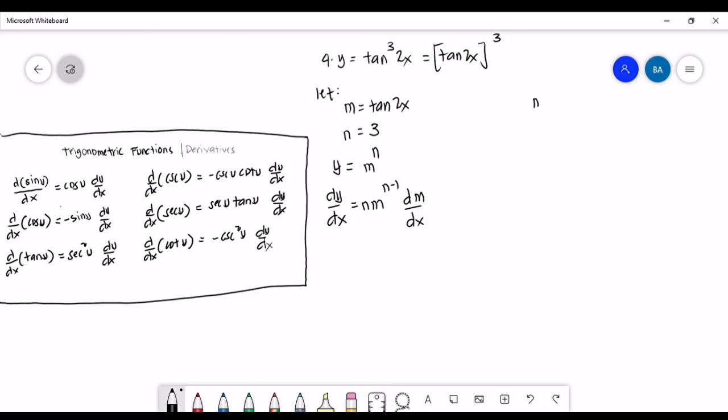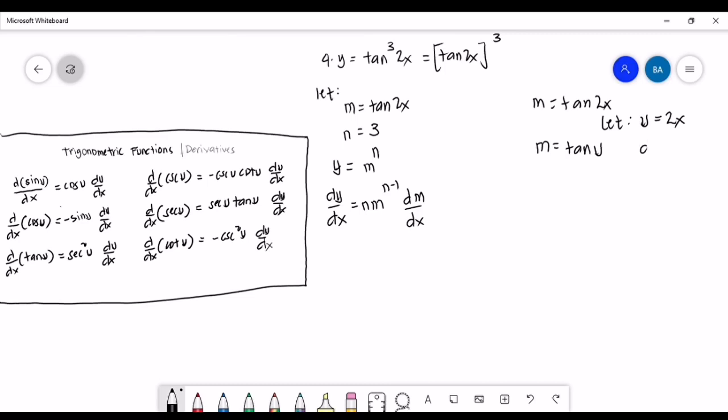So our m is equal to tangent 2x. So let's try to substitute again. Let u is equal to 2x. So what happens is our m will become equal to tangent u.